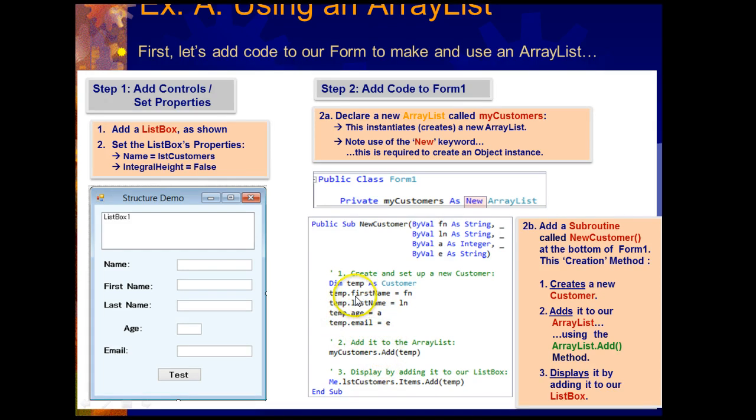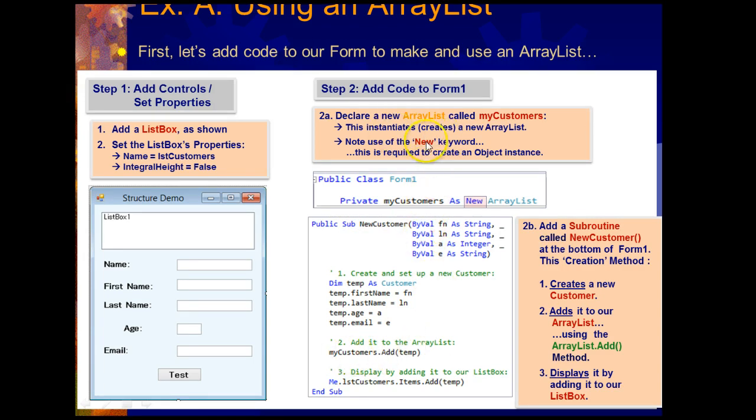Then we've created temp, which is a customer with all its fields filled in, and we're going to add it to this array list. This is how you do that.